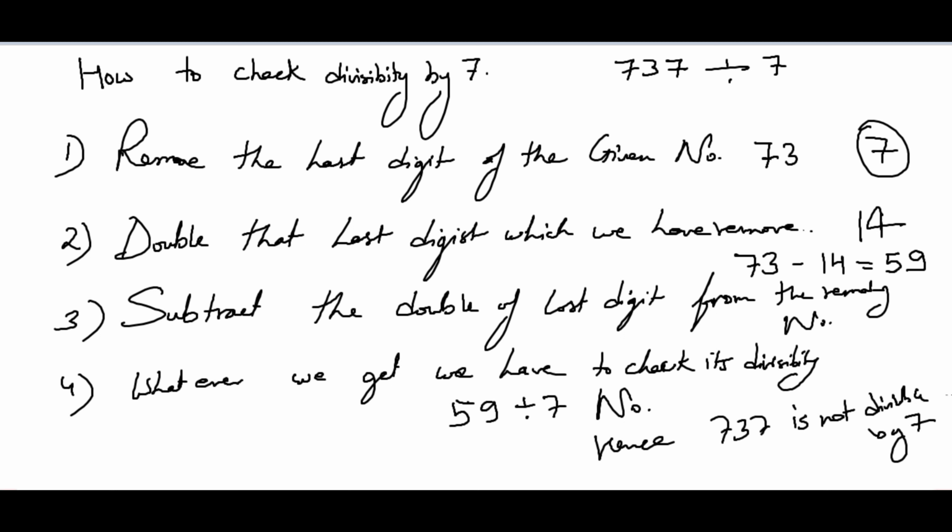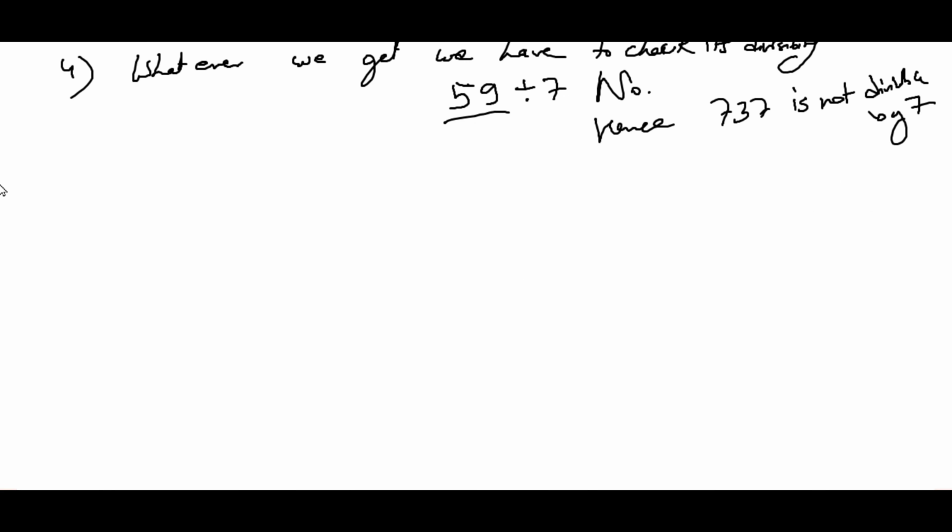But when you get a bigger number, you can do this procedure again and again, means these 3 steps again and again, to make it a smaller 2-digit number, so that you can easily check its divisibility with 7. Like if you get a 4-digit number, let me take 4371.